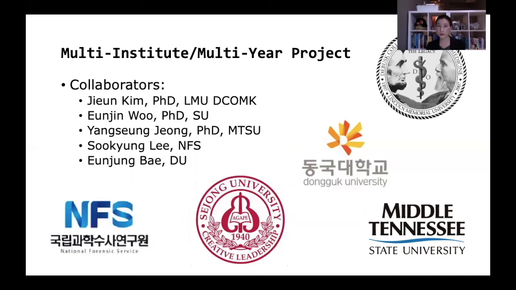So in order to mitigate this issue, we formed a multidisciplinary team that involves multiple institutions, and it is a multi-year, huge project participated by a number of leading experts in forensic anthropology, forensic sciences in general, and also the engineering department.